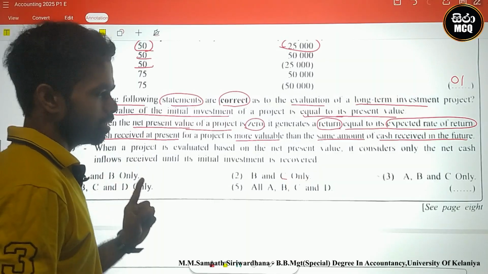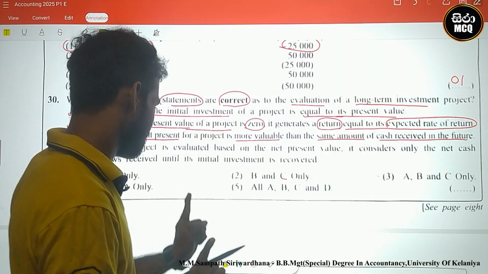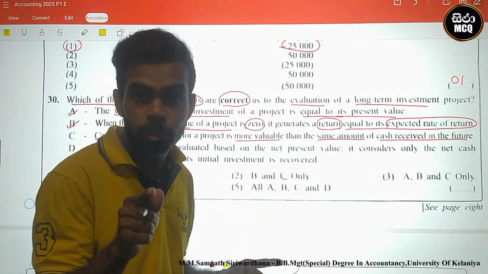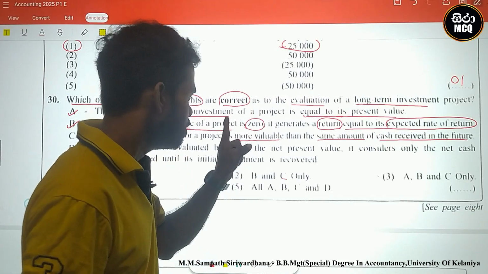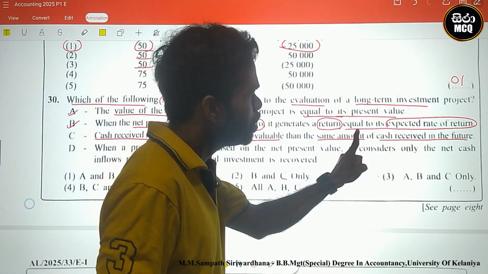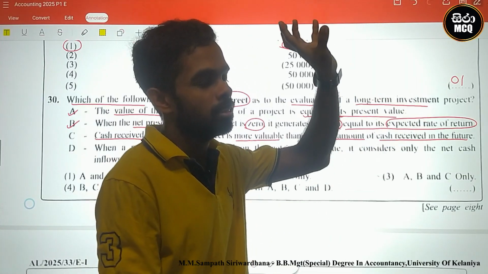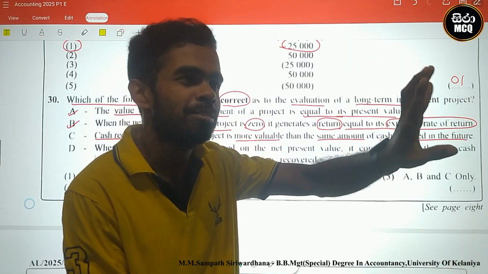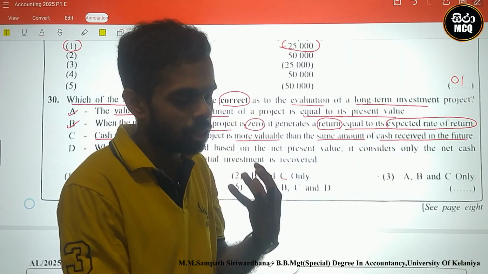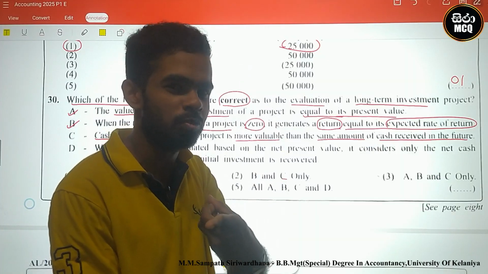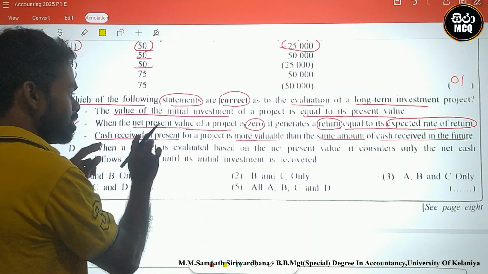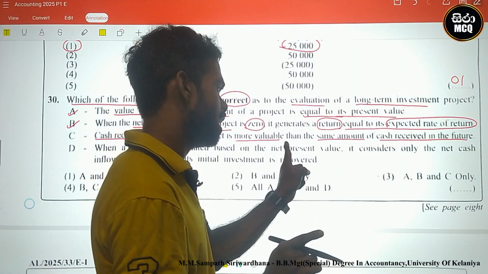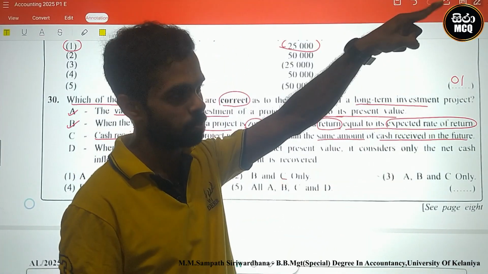Cash received at present for the project is more valuable. Valuable means toffees. It is more valuable than the same amount of cash received in the future. For the future cash amount, the toffee value is 800, but for the currently received 1,000, we can get 1,000 toffees. Therefore, cash received at present for the project is more valuable than the same amount of cash received in the future.